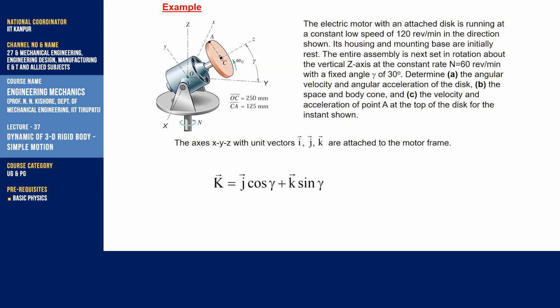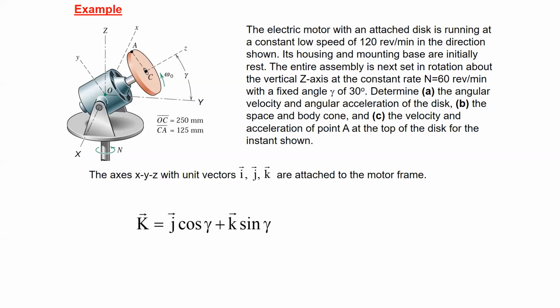In this example, there is a big XYZ, with Z vertical and XY in the horizontal plane, and then the small xyz, which we fix in a manner convenient to us. What is the convenience? We put small z in the direction of the spin of the motor.